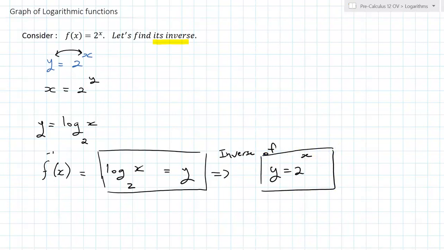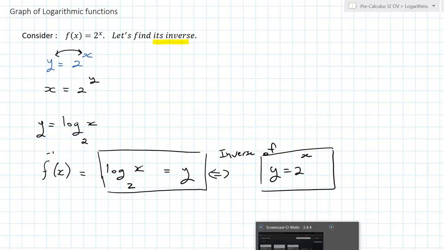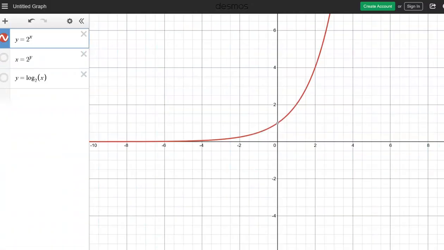These two are inverses of each other, and we already know how to graph an exponential function. Now we're going to explore the graph of the logarithmic function. I have graphed y equals 2 to the x, the parent exponential function, in red. I just interchanged x and y to get the inverse.